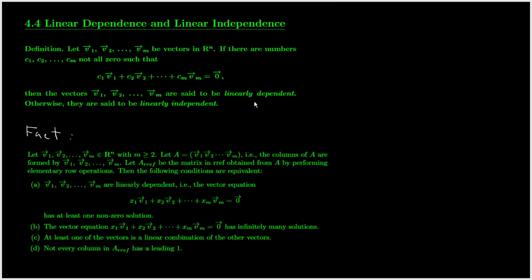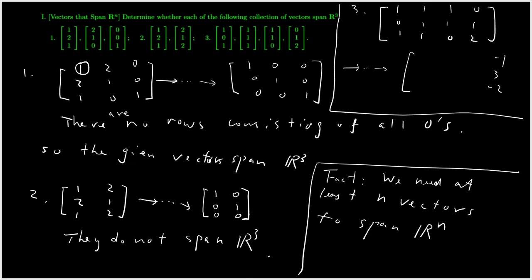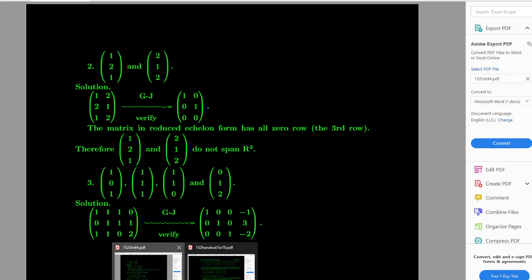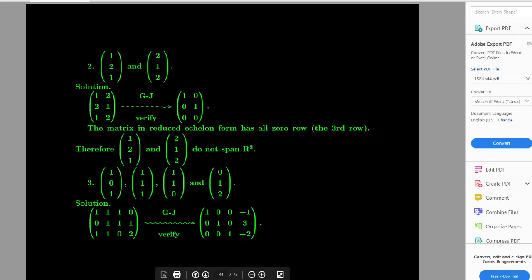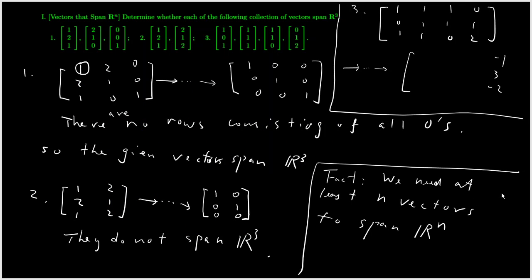I just need to memorize the last column: negative 1, 3, negative 2.